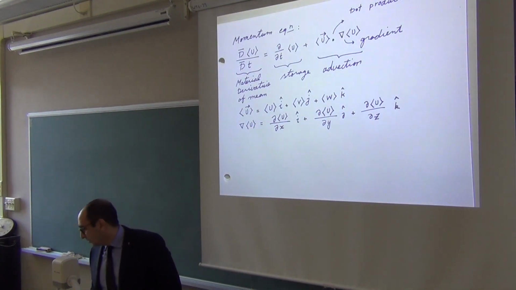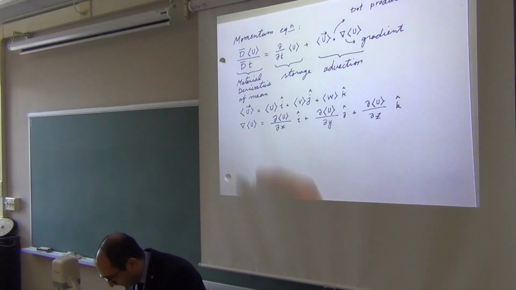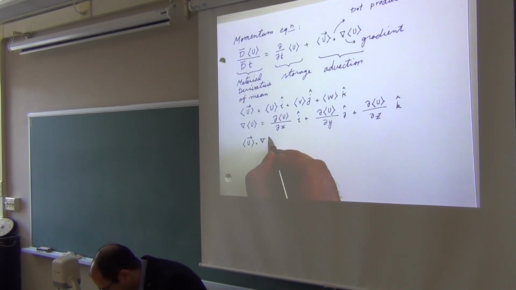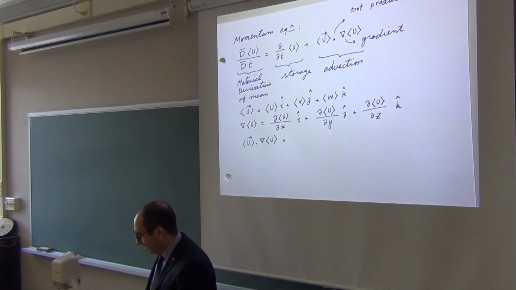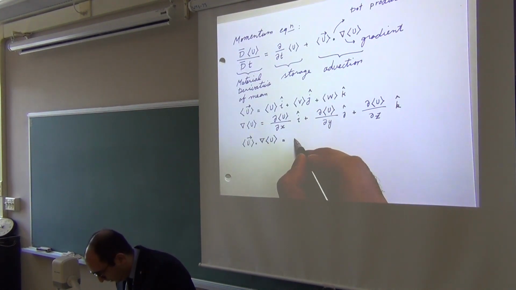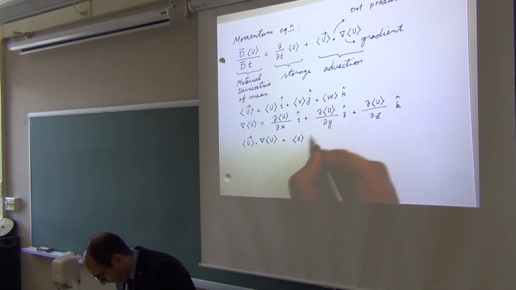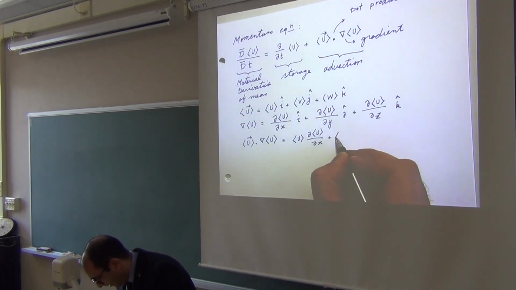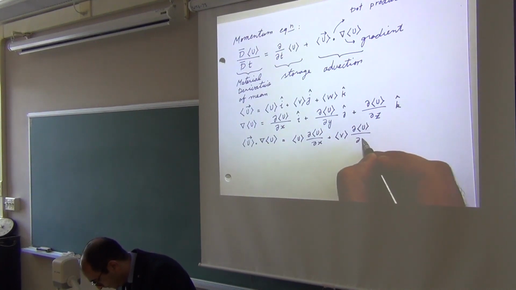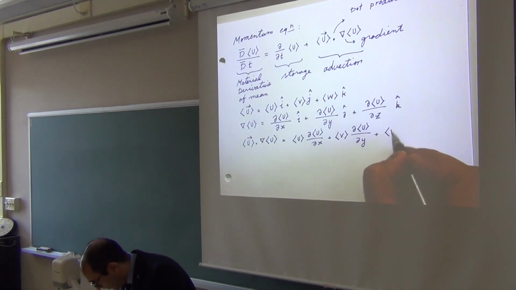So I have the vector and I have the gradient. Now if I dot product the two, I can calculate the advection term. With a dot product, you just multiply term by term and add up. So it's going to be u partial u partial x, plus v partial u partial y, plus w partial u partial z.